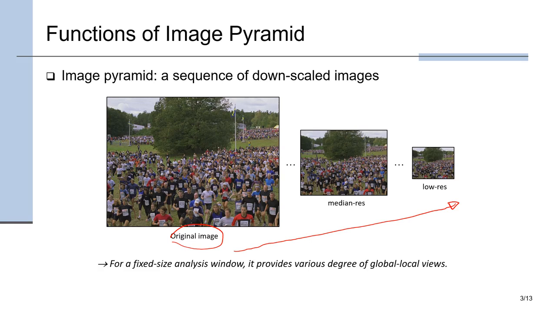It has a very interesting feature: if you put a fixed-size analysis window at different layers of the image pyramid, for the high-resolution layer, you see more details in a local area, while for the lower-resolution layer, you see more global information. So this property is very useful for computer vision applications or image analysis in general.